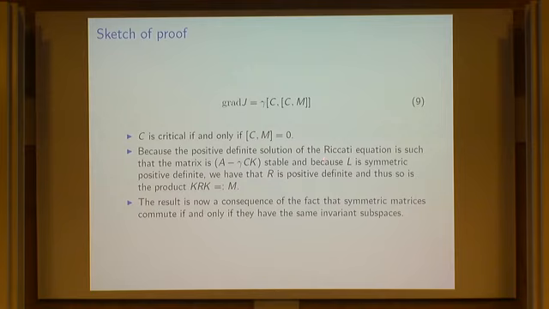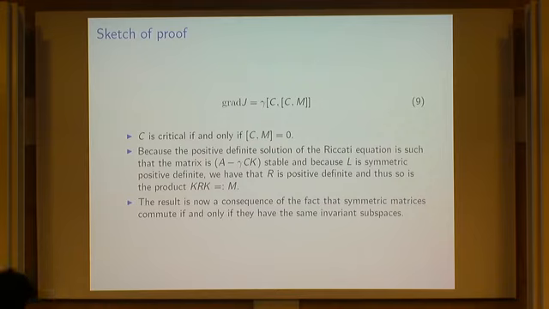Using some properties of the Riccati equation, you know that the matrix A minus gamma CK is stable. That's a property of the Riccati equation. I mention A minus gamma CK because it entered in the definition of R. R was a solution of the Lyapunov equation, A minus gamma CK times R plus R times this again, plus L, equal to 0.